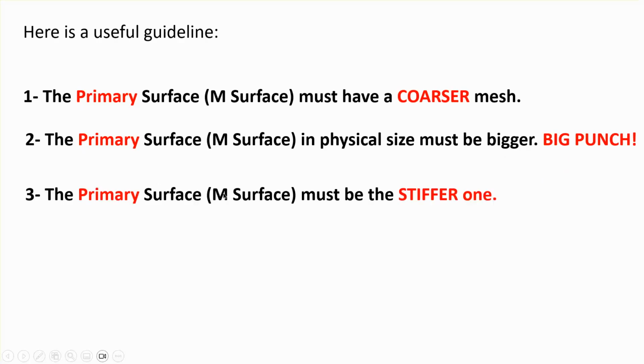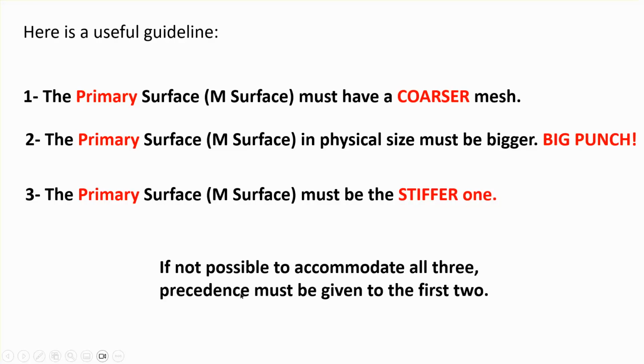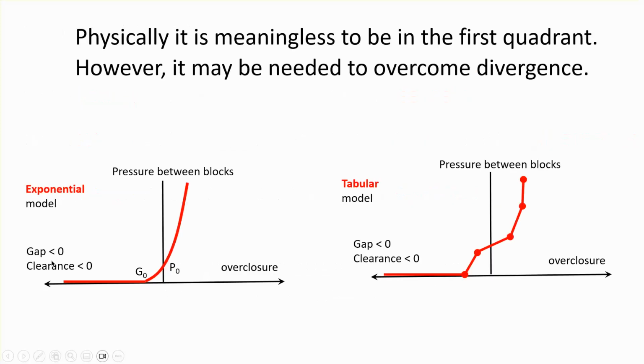And the primary surface, M surface, must be stiffer, okay? So, for example, steel is stiffer than aluminum. Of course, there is also a geometrical effect that has to be looked at. That's why I'm saying stiffer. I'm not saying softer or harder. Now, if not all three of these can be accommodated, then precedence is given to the first two. Okay, so at least these two, or any two that obviously work.